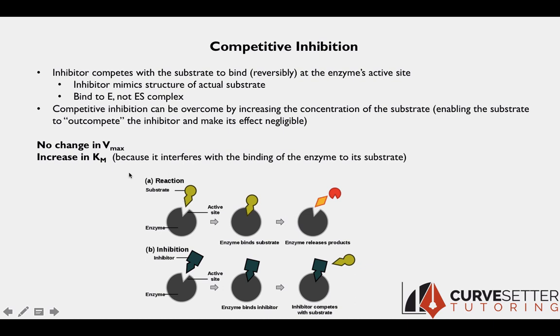So it's important to know that while I say increase in Km, it's an apparent increase in Km. But the Km of the enzyme is sort of a characteristic of that enzyme, a property of that enzyme, and isn't actually changing. It's just that there's an apparent increase in Km because there's an apparent decrease in the affinity of the enzyme for the substrate when the inhibitor is around.